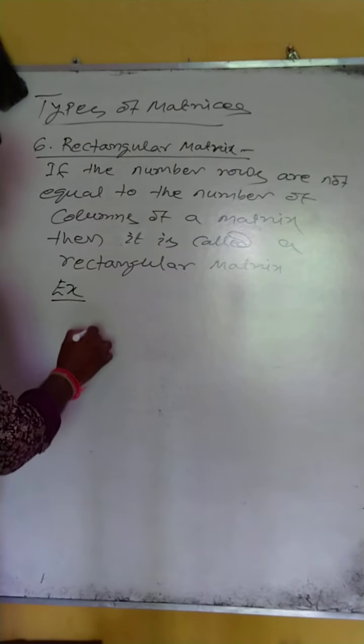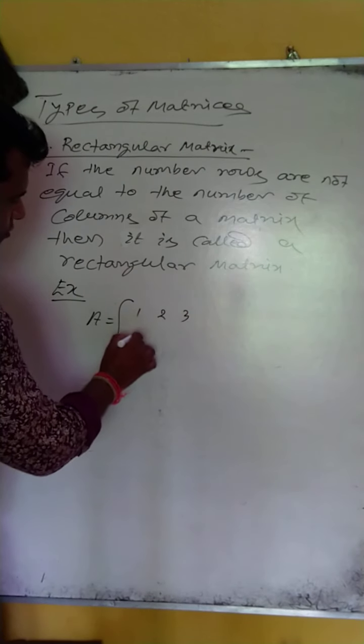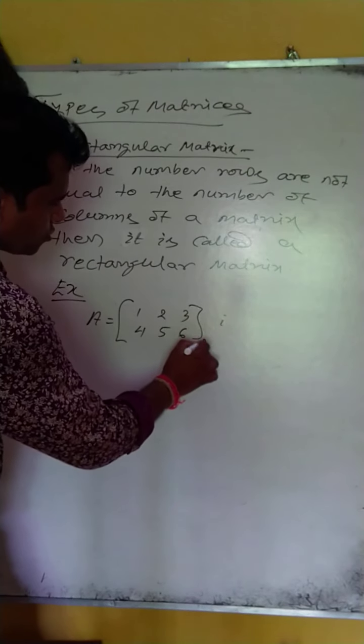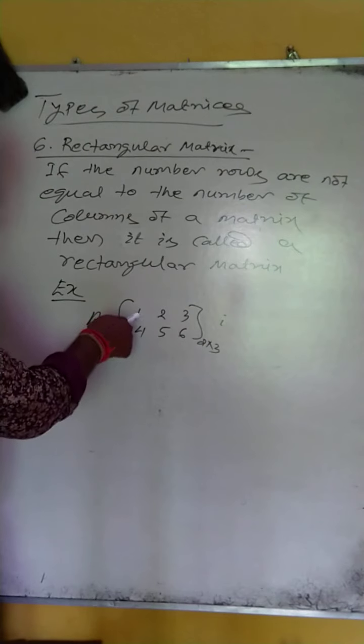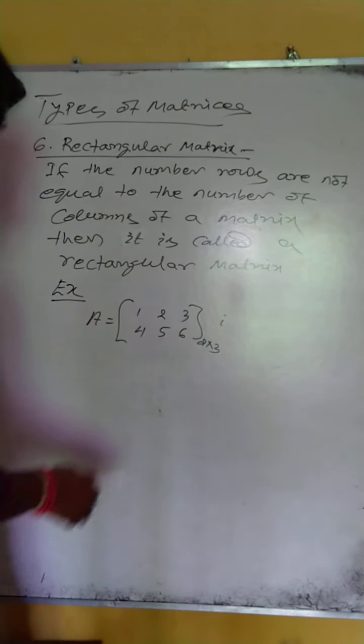Example: A is equal to 1 2 3, 4 5 6, is of order 2 cross 3. It has 2 rows and 3 columns. So the number of rows is not equal to the number of columns.